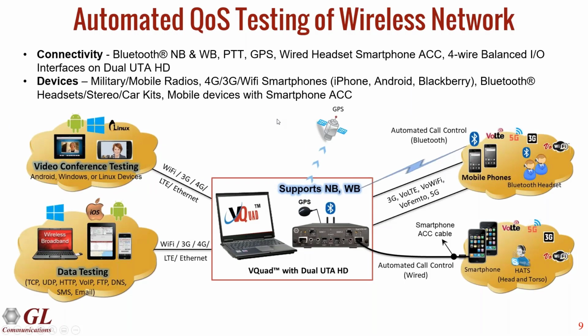Okay, so now what I want to just go over is some of the different network solutions that we can support. So, and I may have mentioned briefly earlier, this is wireless networks. So again, we're connecting to a mobile phone through Bluetooth or through a wired headset, and we're controlling the phone. That means we're telling the phone to place a call or answer an incoming call.